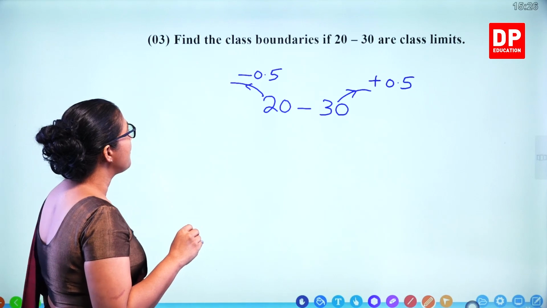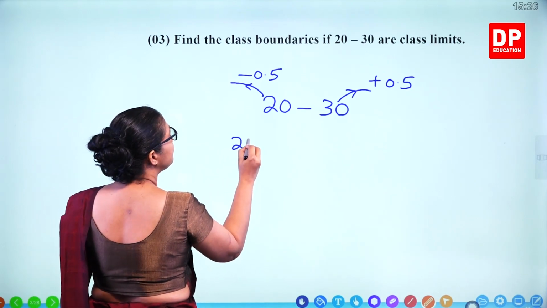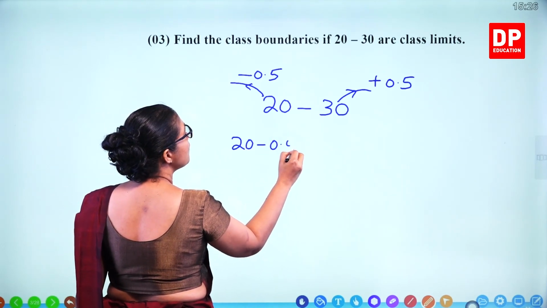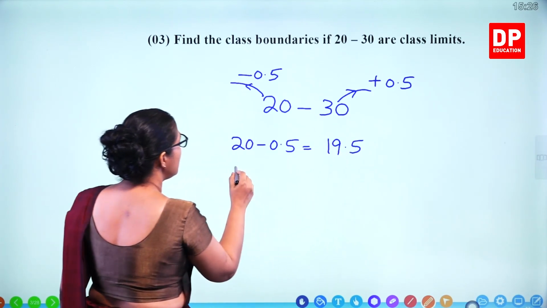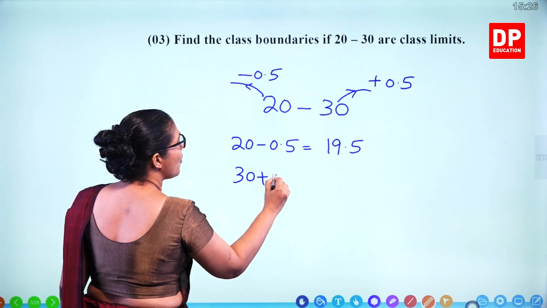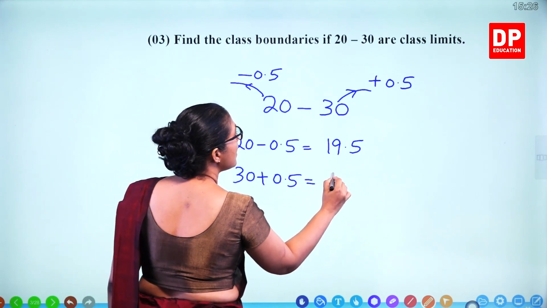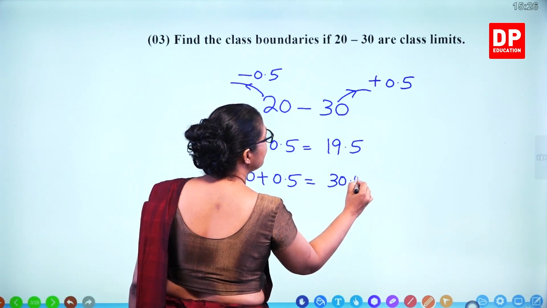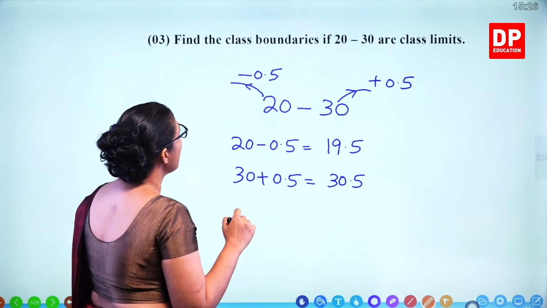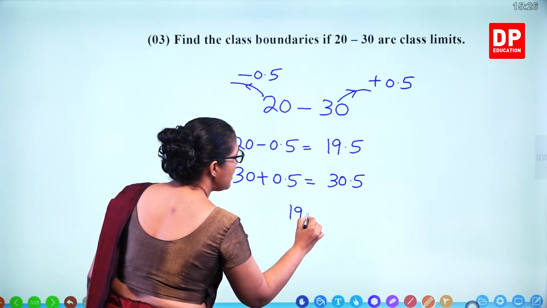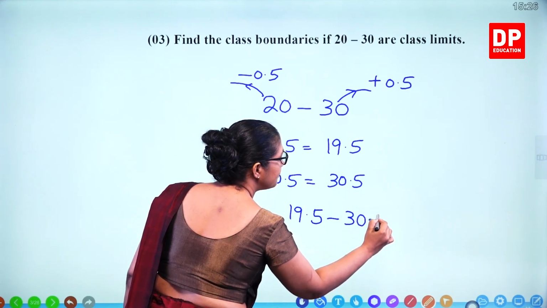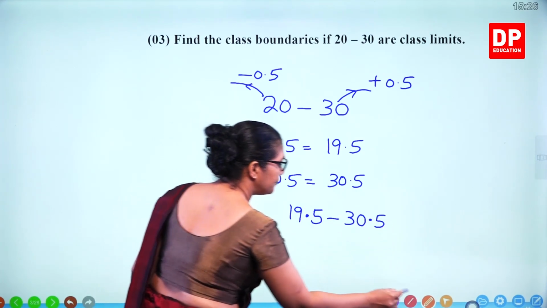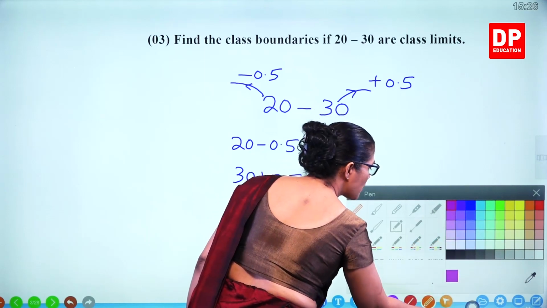So what do you get? 20 minus 0.5, you get 19.5. 30 plus 0.5, that's 30.5. So boundaries, you can write 19.5 to 30.5. So you get 2 marks for that.